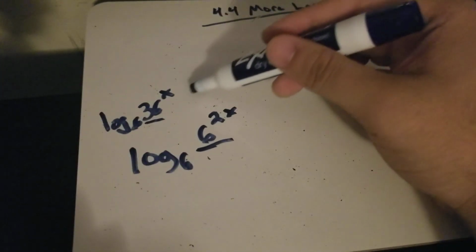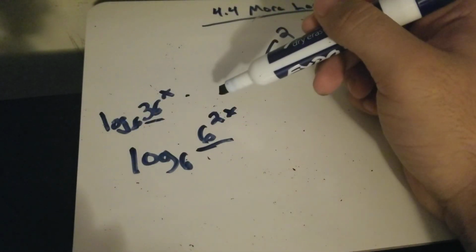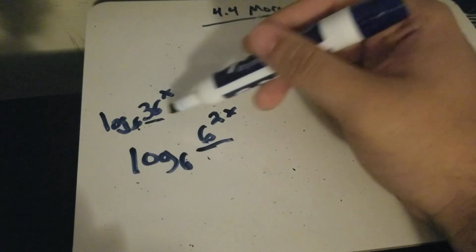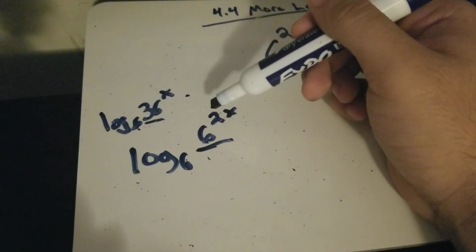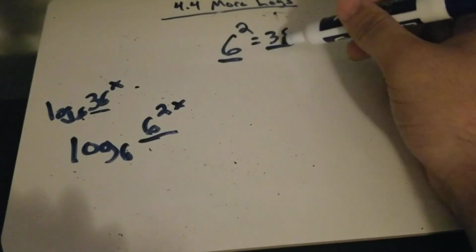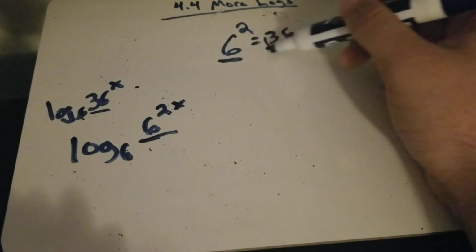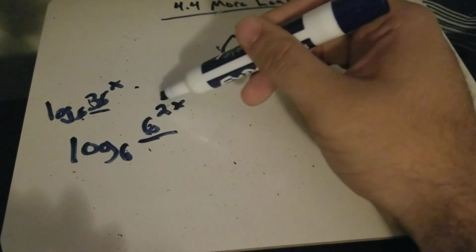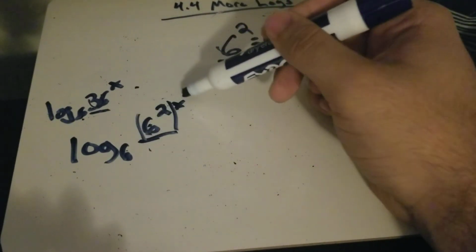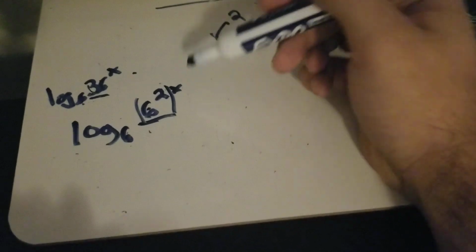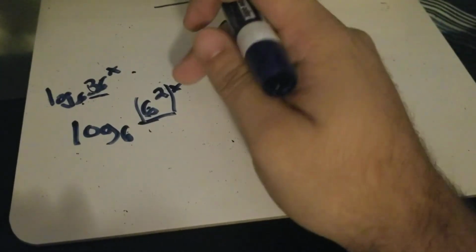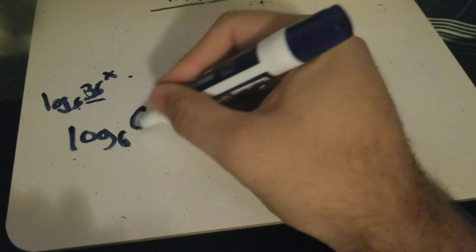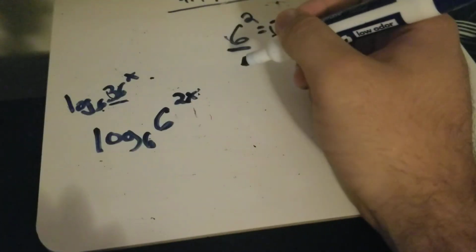And I want this to look like 6, so I want to make this 36 match the 6. So I substitute 36 with 6 squared, and then you have your little exponent of x. But we don't really need parentheses because there's not much happening. So it just becomes 6 to the 2x.